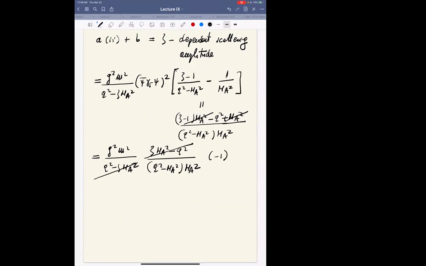Now when I cancel it. Manifestly, sorry, psi bar gamma phi psi squared. The psi dependent piece, psi independent, is G squared, M squared, M_A squared, a dimensionless coupling. Of course, a propagator, a very interesting propagator, looks like Q squared minus M_A squared now.